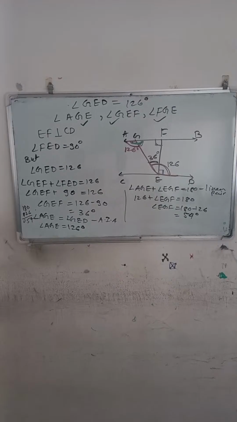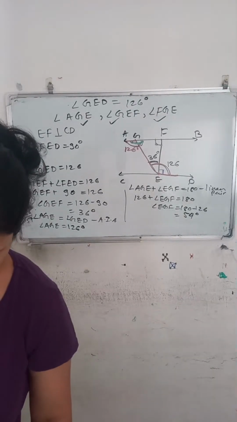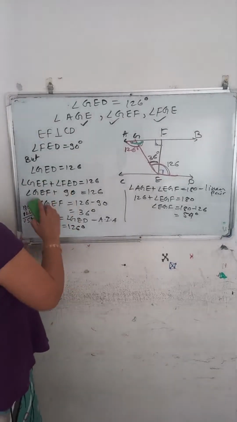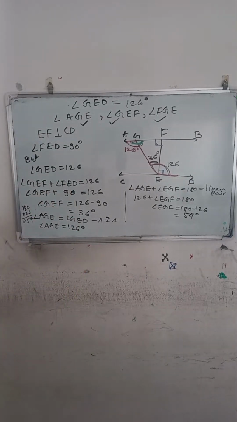They are saying, in the given figure, if PQ is parallel to ST, I will draw the figure. If PQ is parallel to ST, angle PQR is equal to 110 and angle RST is equal to 130. Find angle QRS, and they gave one hint: draw a line parallel to ST through point R.